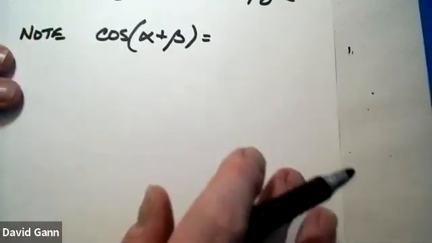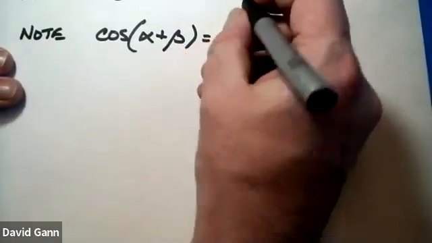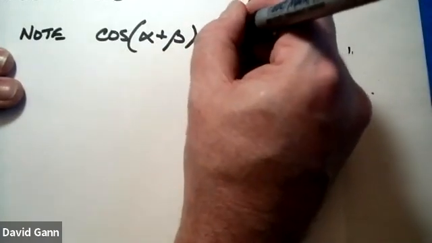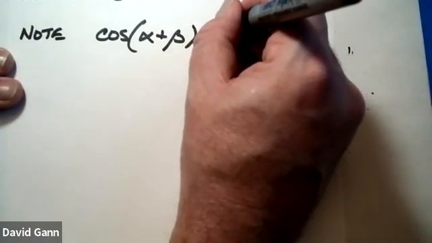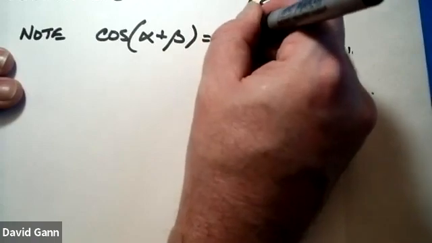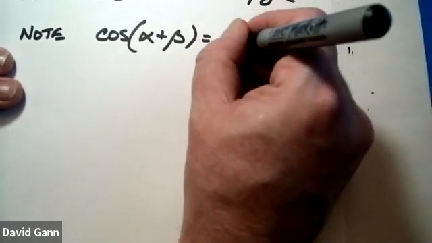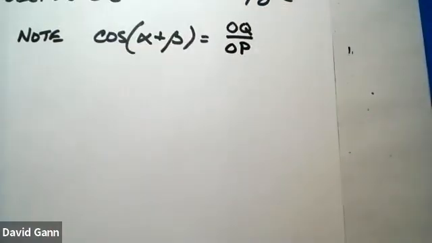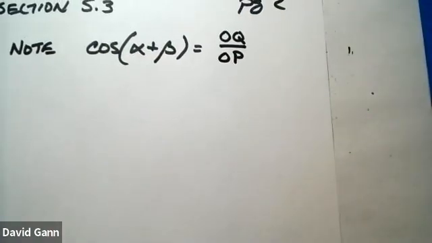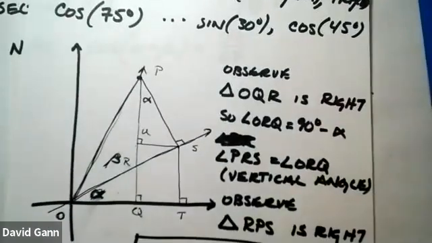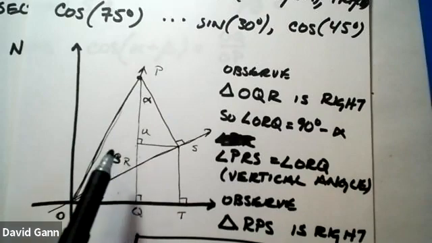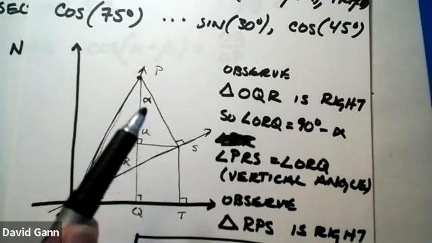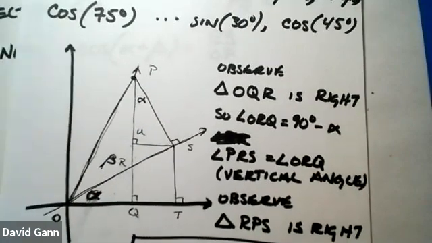It starts to become messy because of the thick tip on my pen, but it's the adjacent over hypotenuse, which in this case is OQ divided by OP. So cosine of this sum angle is the adjacent over the hypotenuse, OQ over OP. Okay, so that's kind of a start.